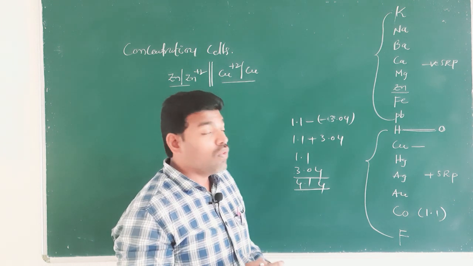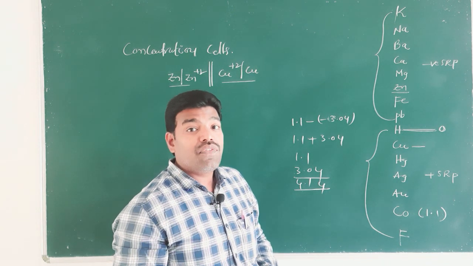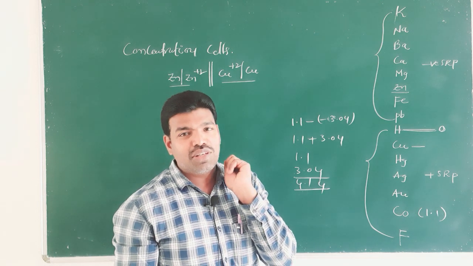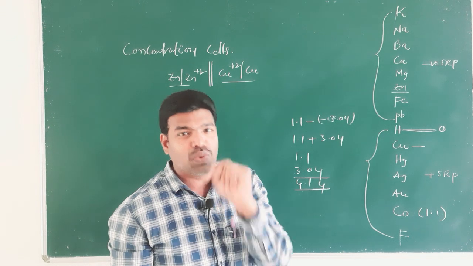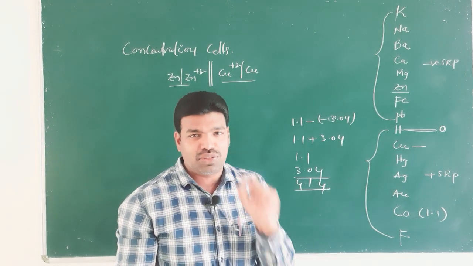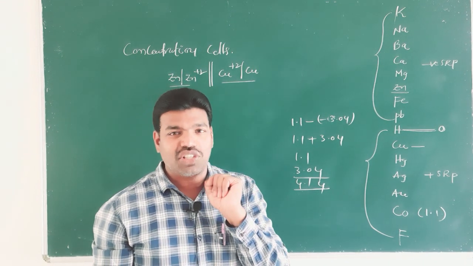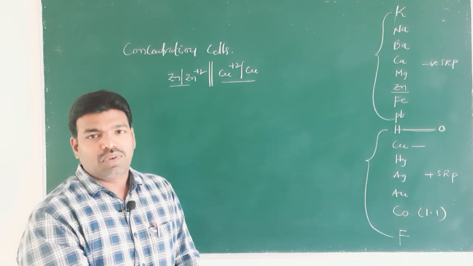And now we can also construct a cell with the help of a single electrode. If we construct a cell with a single electrode, that is called a concentration cell. Okay.